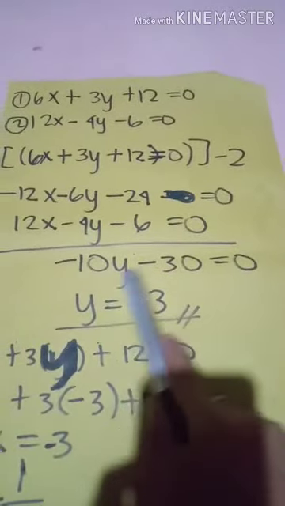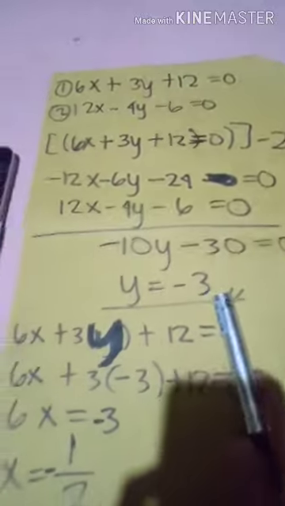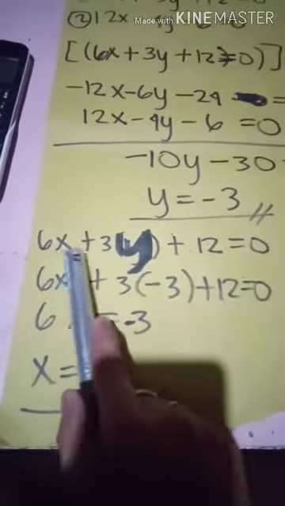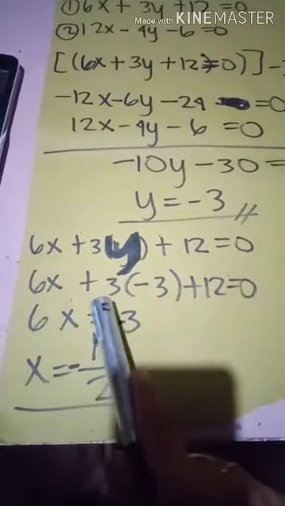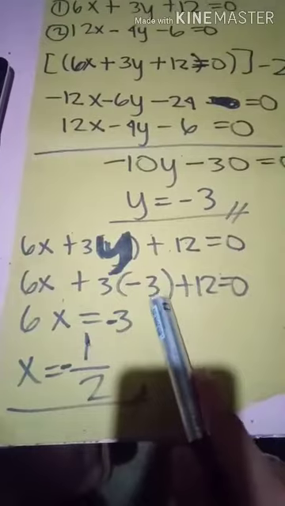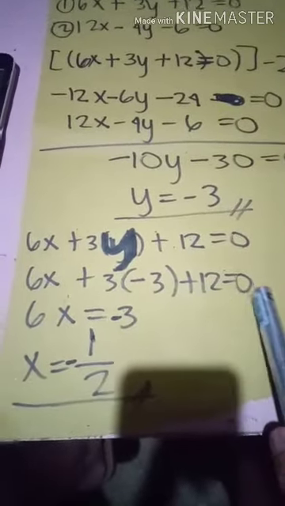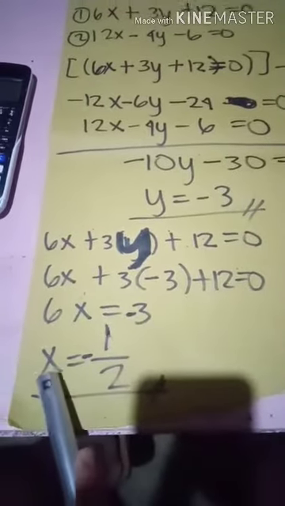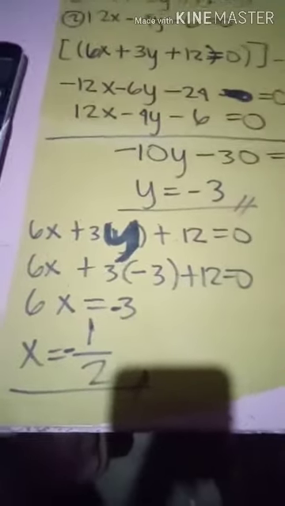Kuha na to, ang y na to is equals to negative 3. So ano na tayo value sa y, which is negative 3. So 6x plus 3y plus 12 is equals to 0. 6x plus 3 times negative 3, which is ang atong y, plus 12 equals to 0. So 6x is equals to negative 3. So x now is equals to negative 1/2.